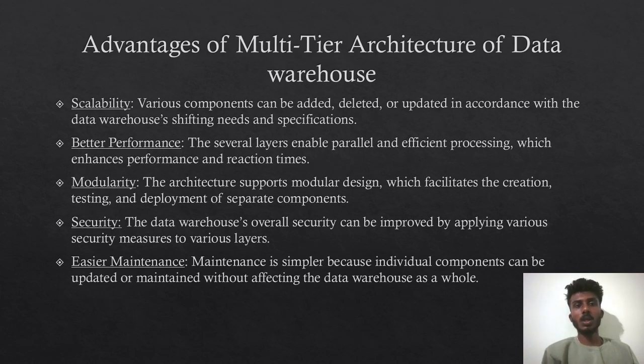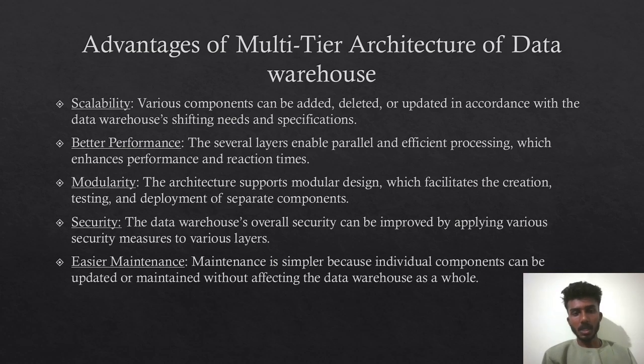So let's see what the advantages of the multi-tier architecture of data warehouses are. The first one is scalability. Various components can be added, deleted, or updated in accordance with the data warehouse's shifting needs and specialization. Better performance: the several layers enable parallel and efficient processing, which enhances performance and response times.